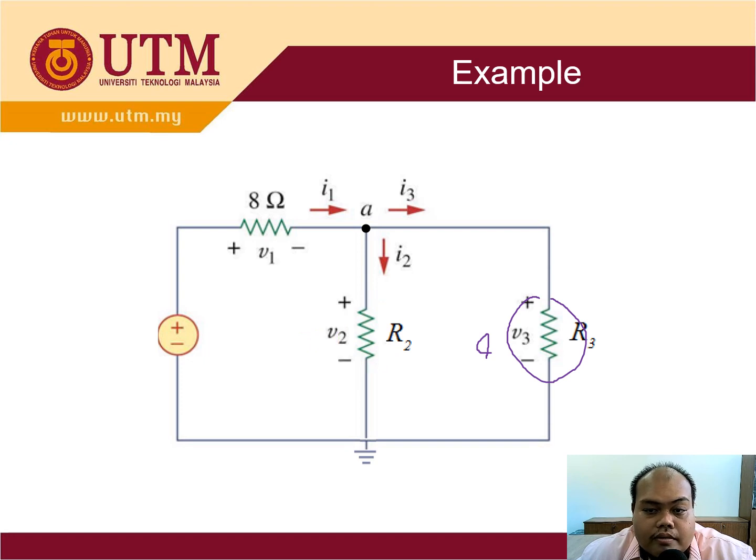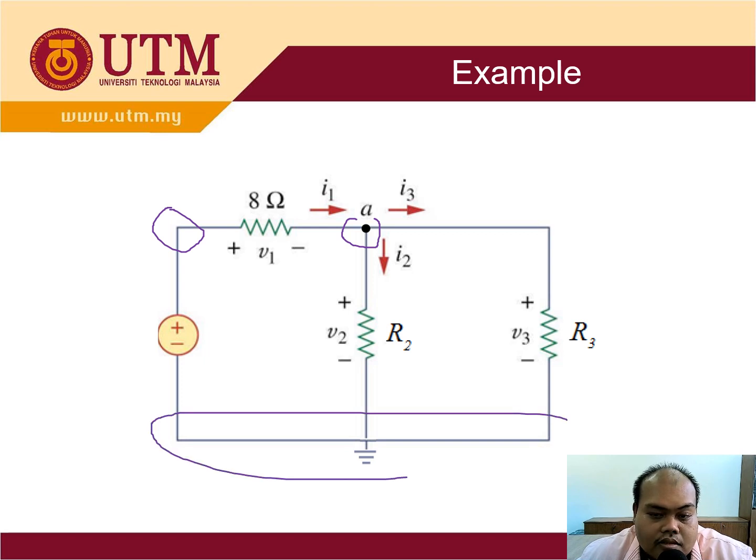How about a node? By the definition, a node is basically just a point of connection between two branches. If you can see here, this is a branch, this is a branch, and this is a node, this is a node, and this is a node.